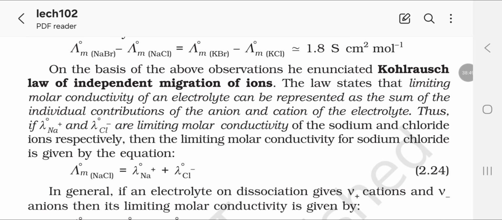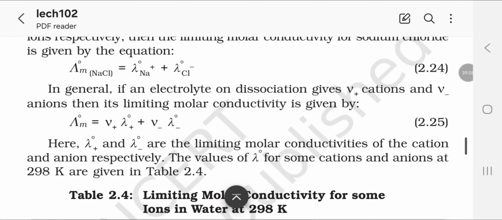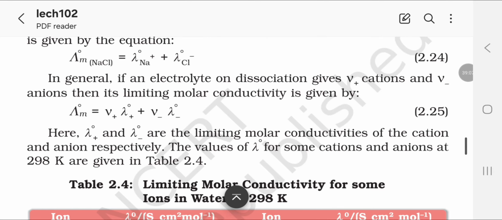Thus, if lambda naught Na positive and lambda naught Cl negative are the limiting molar conductivities of sodium and chloride ion respectively, then the limiting molar conductivity for sodium chloride is given by the equation lambda naught NaCl is equal to lambda naught Na positive plus lambda naught Cl negative.